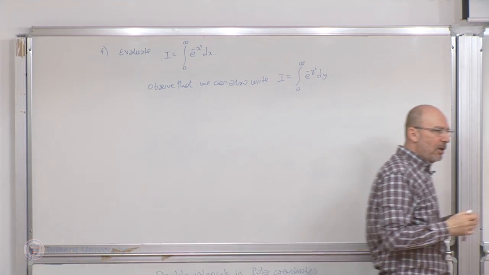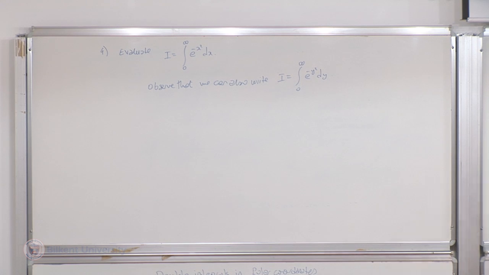Okay, so now when we multiply them, we get some polar coordinates. We describe the domain of integration of the new integral, a double integral, in polar coordinates and evaluate it.